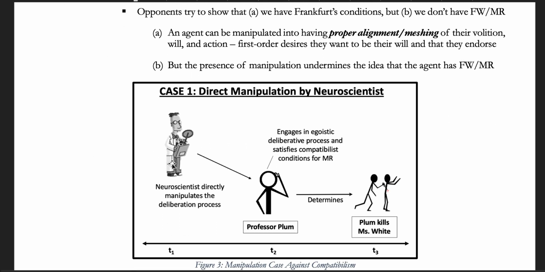You can have a neuroscientist manipulate someone into having a certain set of desires, a certain psychology. In the chapter, McKenna talks about Al Mele's case of Anne and Beth, where neuroscientists come in the middle of the night and rearrange her psychology while she's sleeping, so that she has a psychology that's identical to this other person.